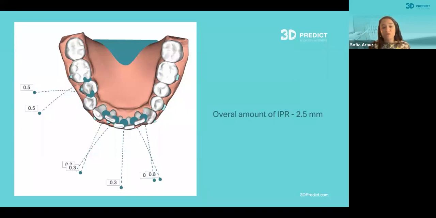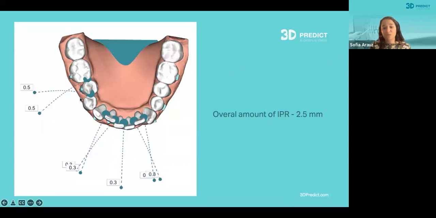So the point that I'm trying to make is that we just don't do IPR from the beginning. We try to gain space any other way, obviously by respecting the anatomical boundaries, first of all. But if there's still not enough space, then we will need IPR. So we always add this strictly necessary IPR because we know enamel is precious and we would not be taking out enamel if it wasn't strictly necessary.